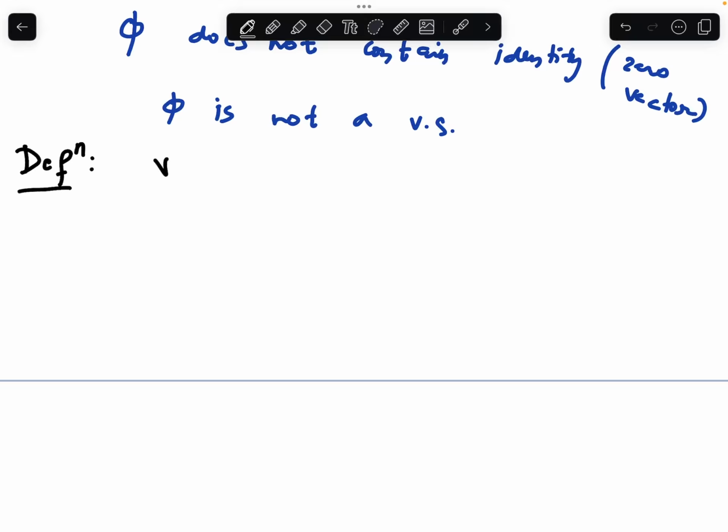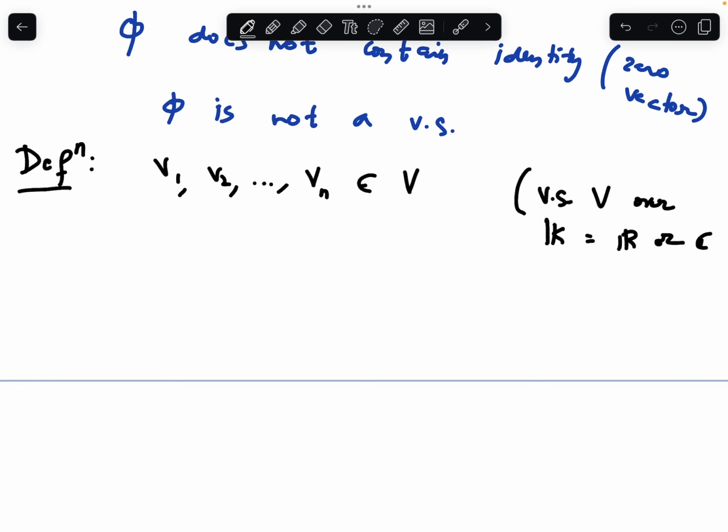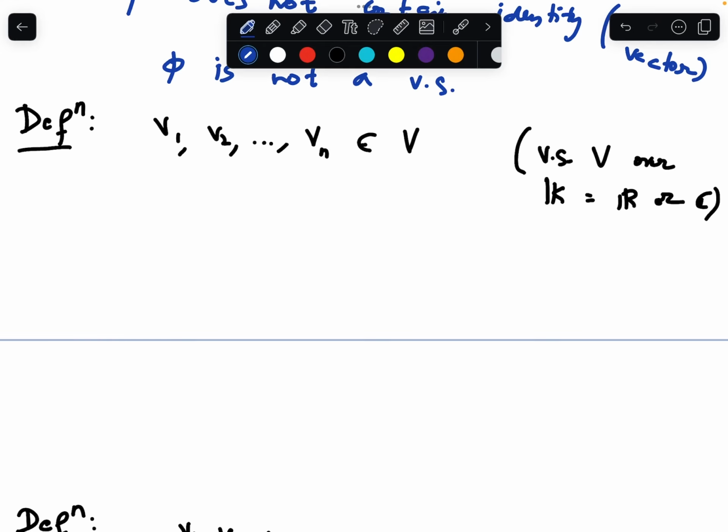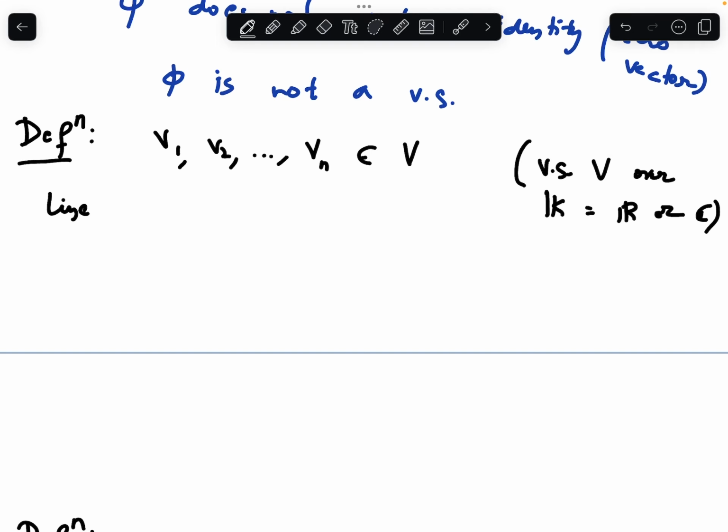So again, suppose that v1, v2, up to vn are vectors in some vector space V. And I've said this before, when I say vector space V, I mean a vector space V over K, where K is either R or C. So what is the meaning of a linear combination of v1, v2, up to vn?